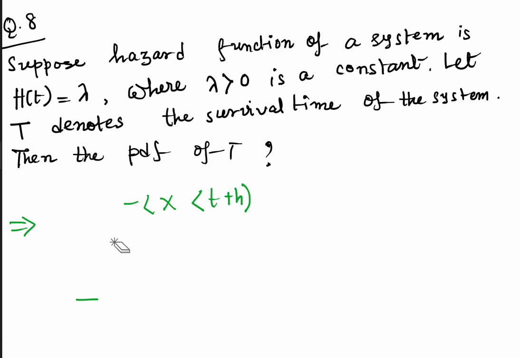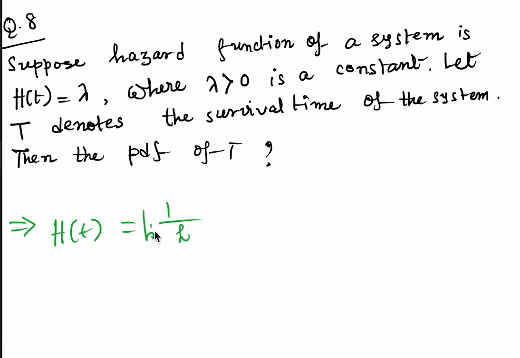Hazard rate means 1 by h, limit h tends to 0, probability that T greater than t and less than t plus h, given that T is greater than t. So that is the hazard rate.